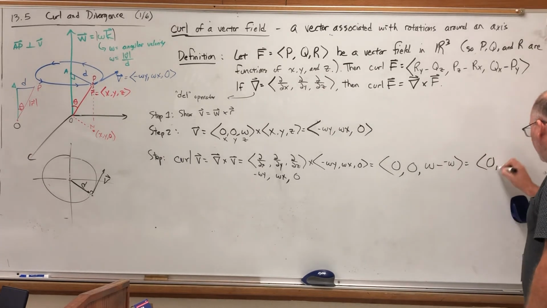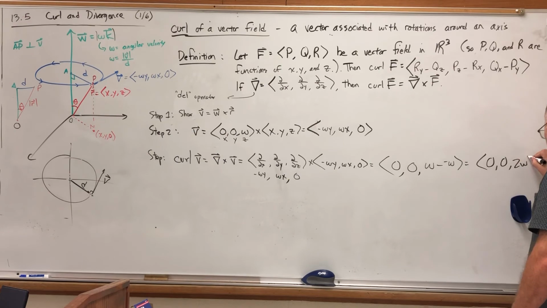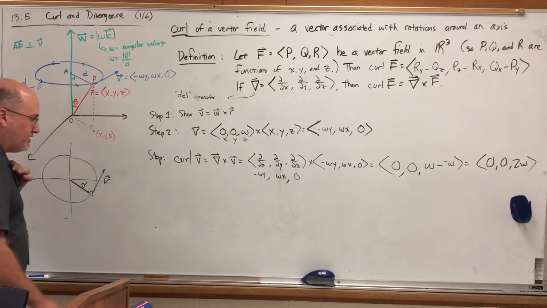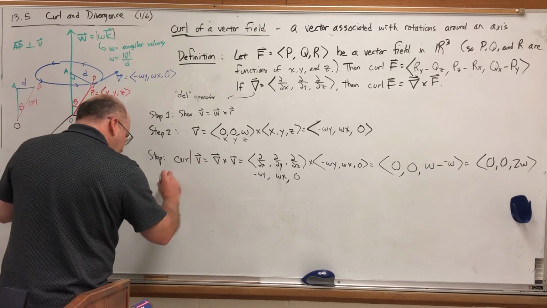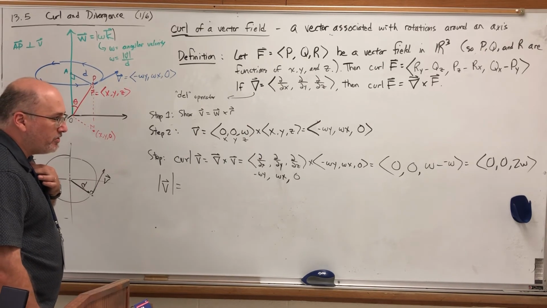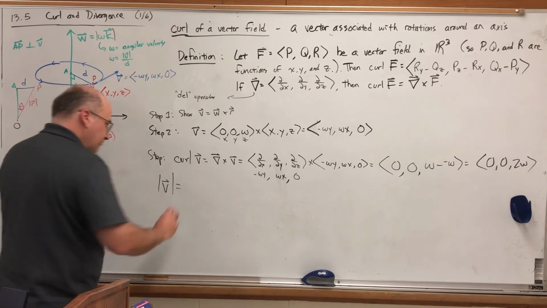And so we get 0, 0, 2 omega. So what does that tell us? That tells us that the magnitude of the velocity vector is 2 omegas.